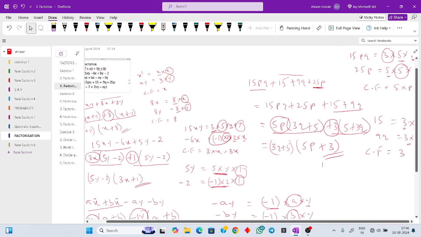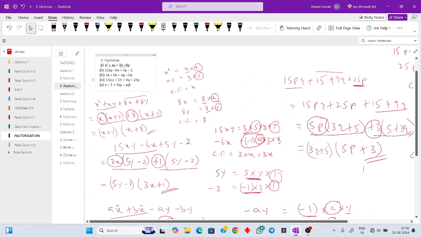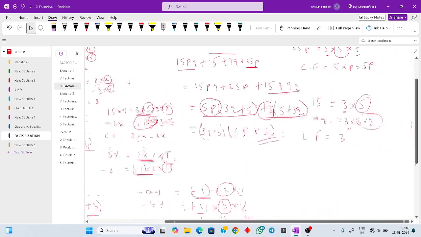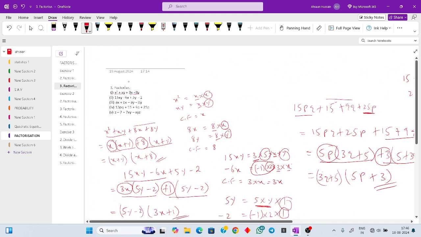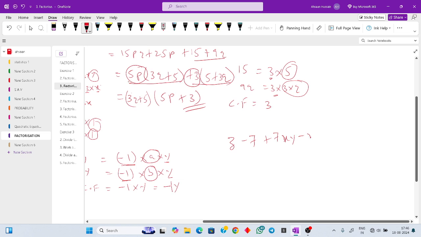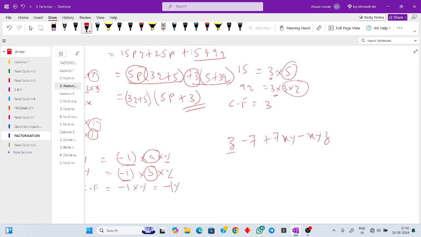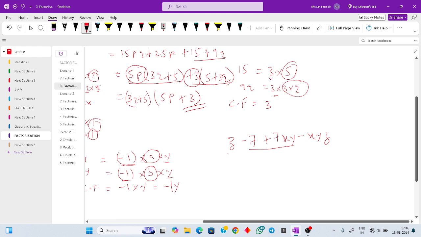Last question is z minus 7 plus 7xy minus xyz. Okay. Z minus 7 plus 7xy minus xyz. So see, these two are positive terms, but we cannot see any common factor between these two terms, right? So we can take these two terms together and these two terms together.